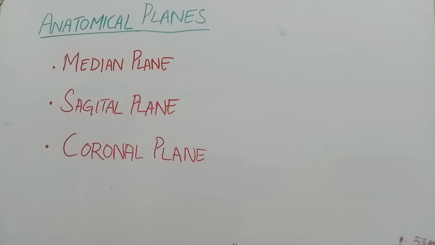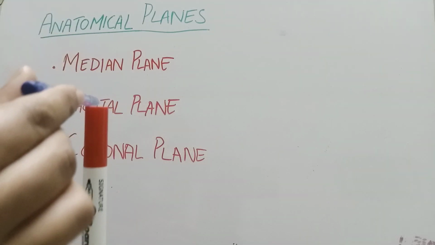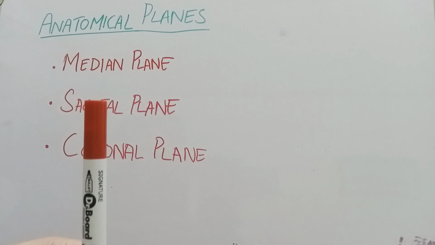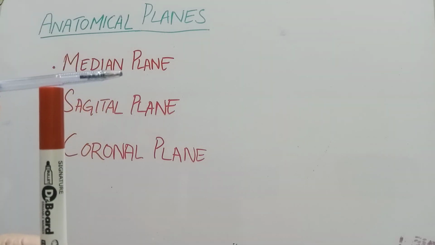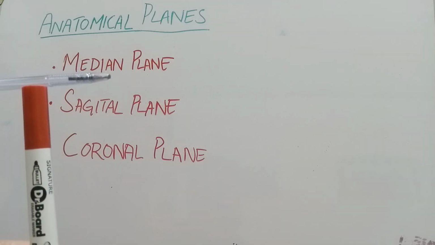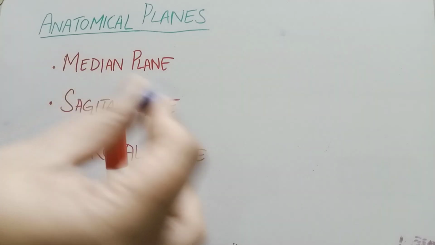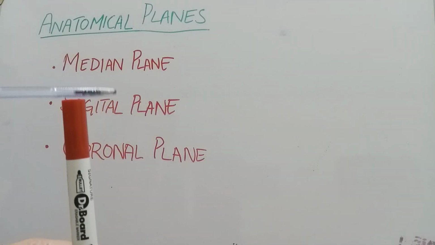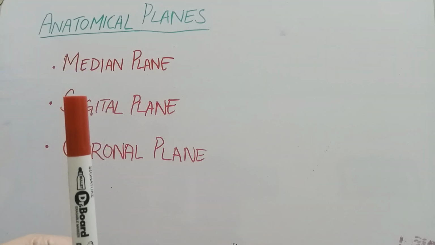Like we studied, the median plane is in the midline. The coronal plane is at right angle to this median plane. So it is also a vertical plane, but at right angle to the median plane. The median plane was dividing the body into right and left halves. The coronal plane, on the other hand, is dividing the body into anterior and posterior halves.